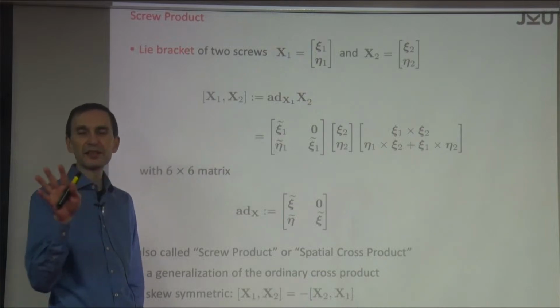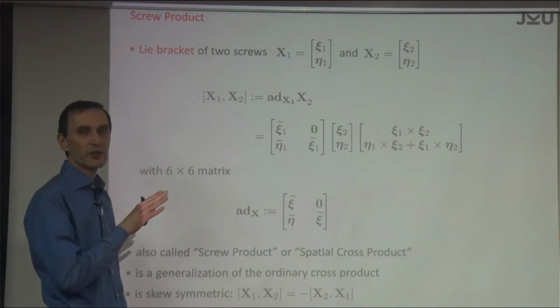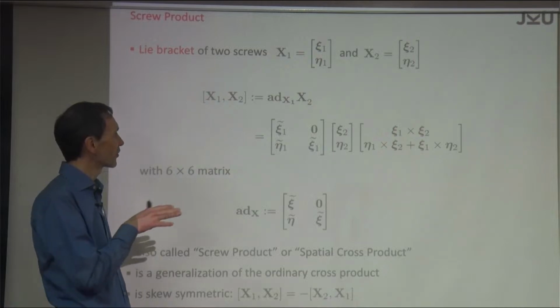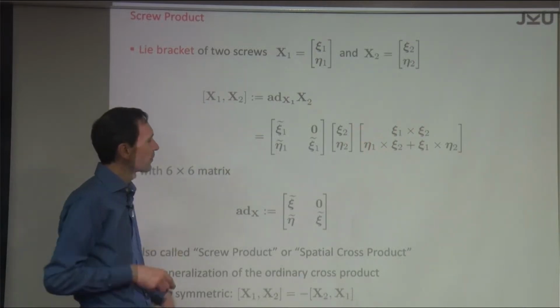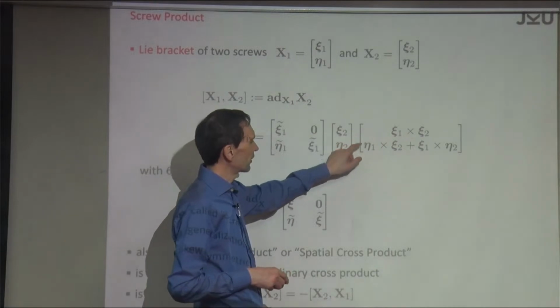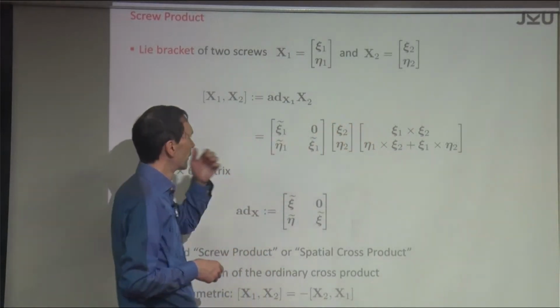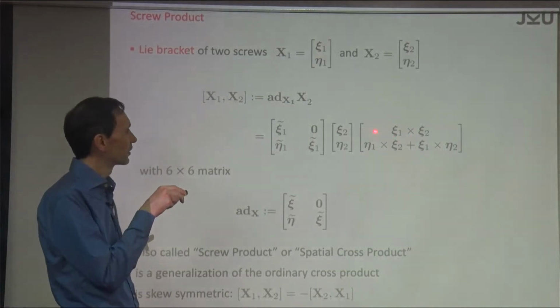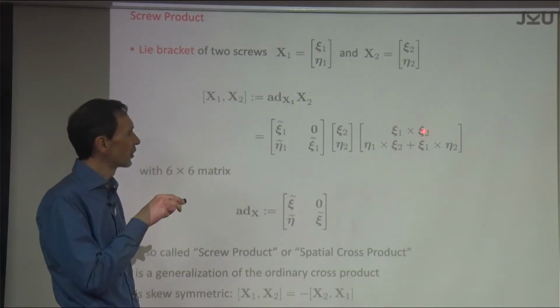Again, this name Lie turns up. Don't pronounce it "lie" because it's not a lie; it's true. If you look at this definition, first of all, you see that this term is linear in C2 and eta 2.